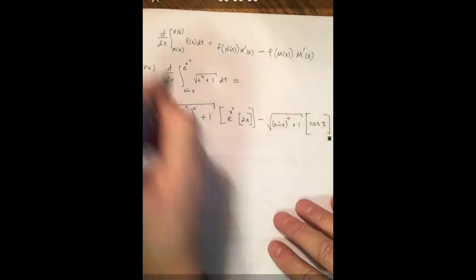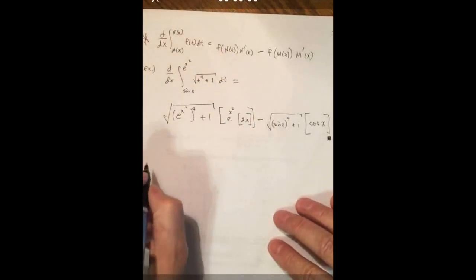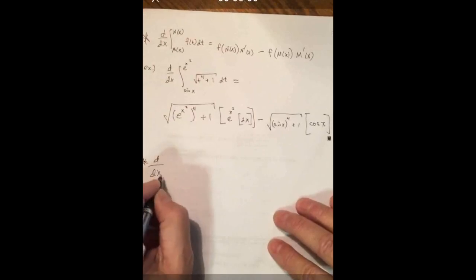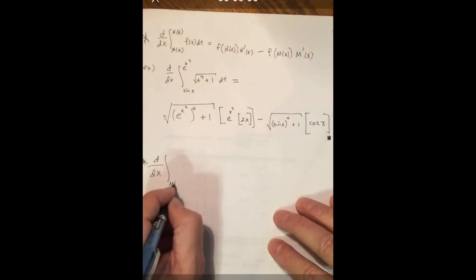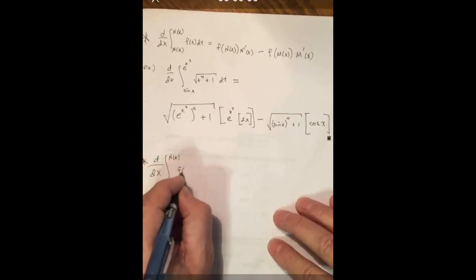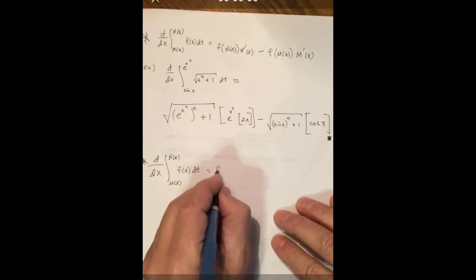So that's very, very cool. This is going to be the formula that we want to use. And I'm going to write it again because I think it is absolutely gorgeous. It is just plain beautiful.